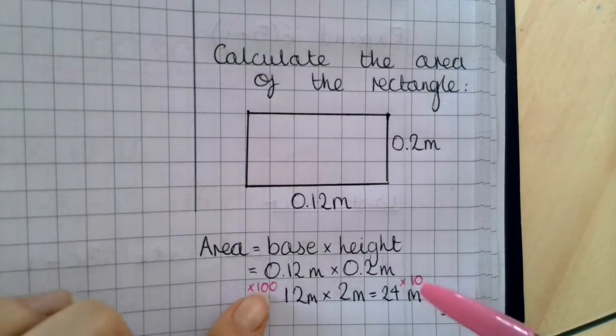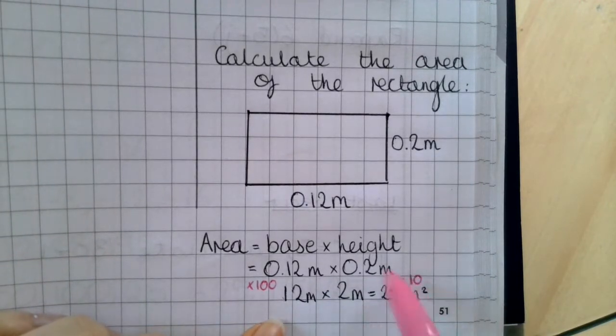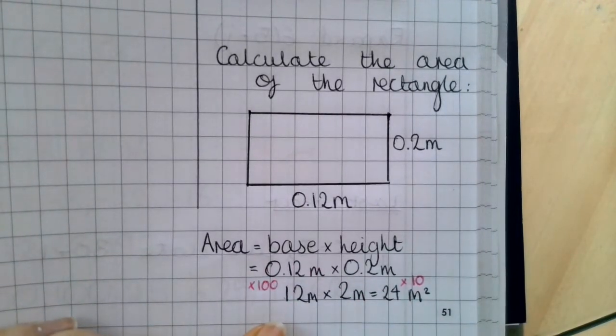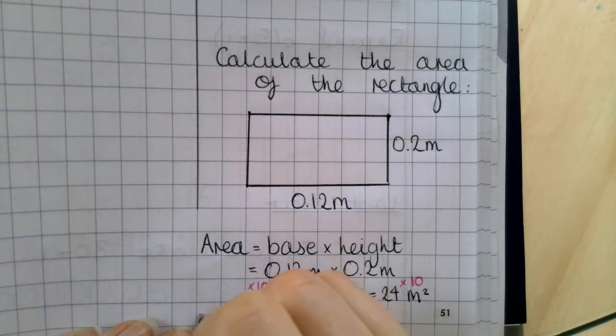And then I need to do the inverse of multiplying by 10 and the inverse of multiplying by 100.